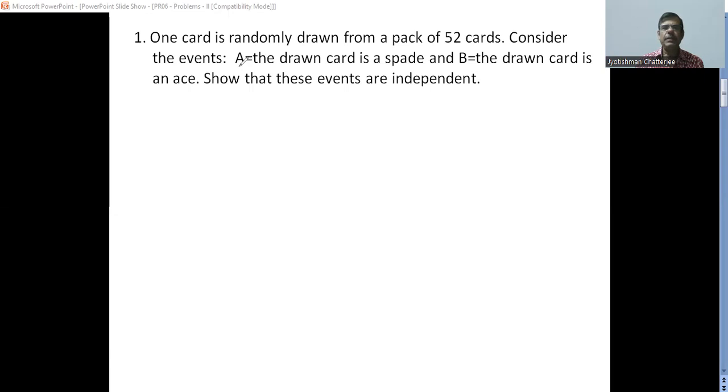So these are the two events, event A and event B. Altogether, there are 52 cards, and we are picking up one randomly. We can pick up any of the 52 cards.